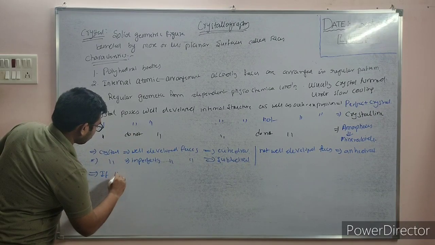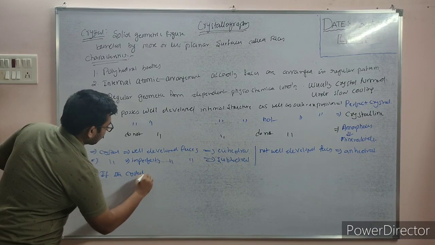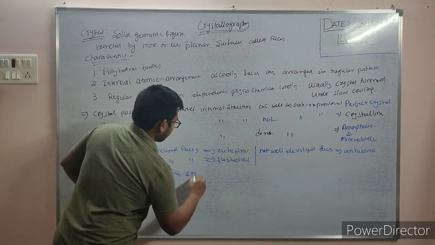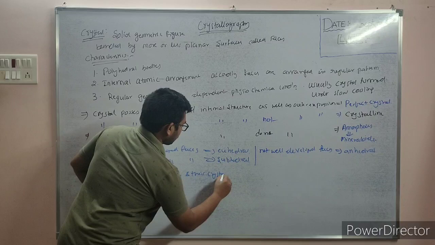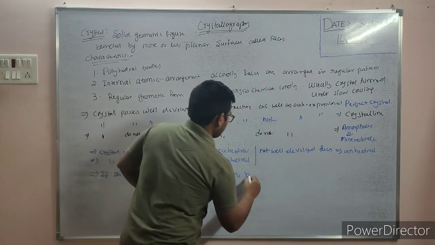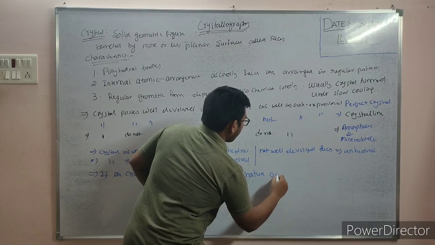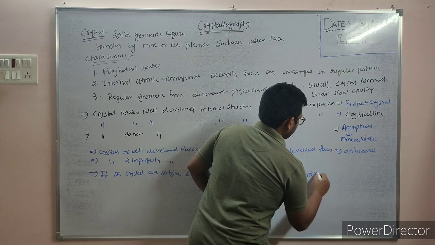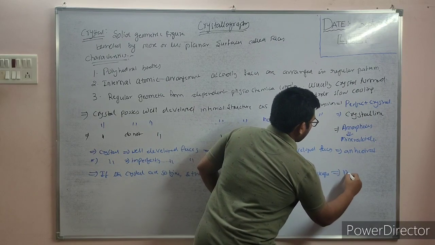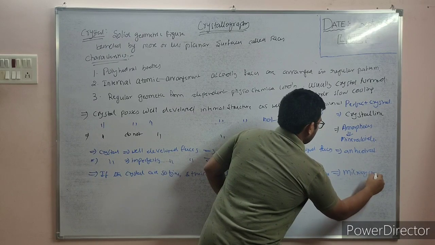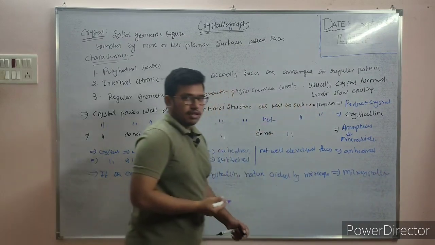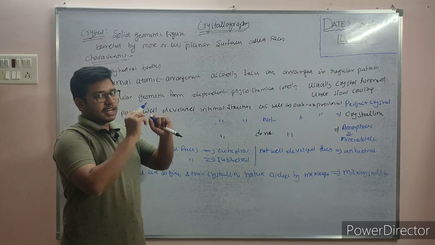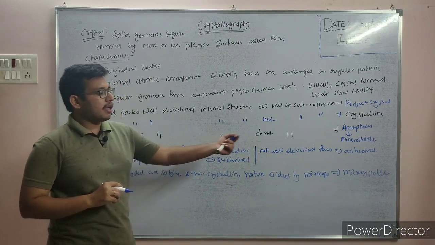If the crystal is so fine and their crystalline nature is aided by microscope, we call them microcrystalline. Understood? If the crystal is very small and we can use the microscope to understand the crystalline nature, those crystalline substances are called microcrystalline.